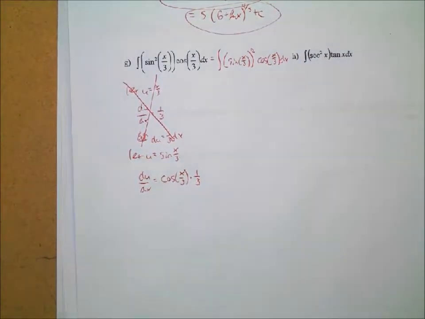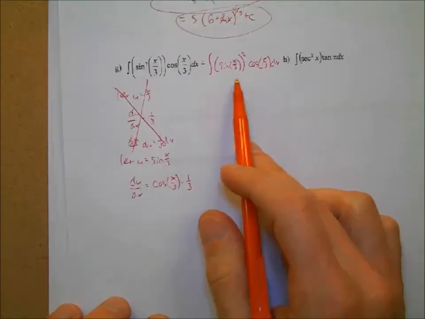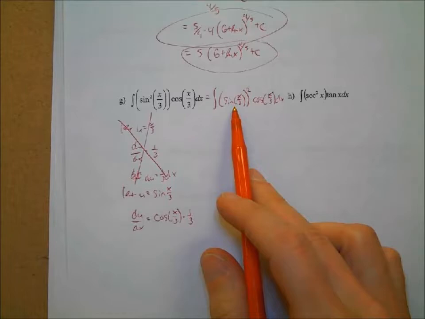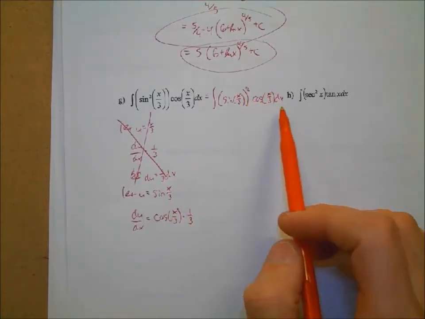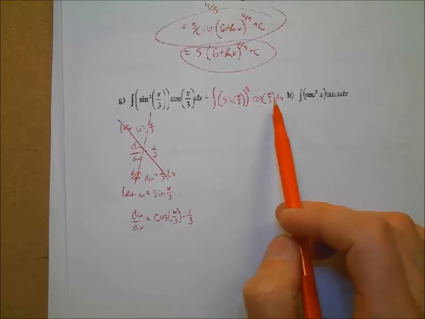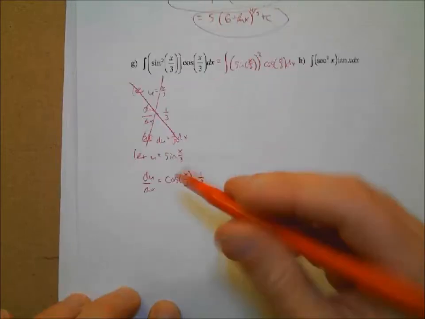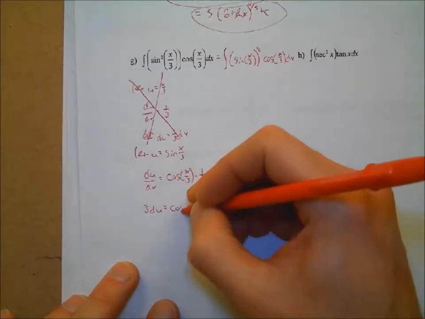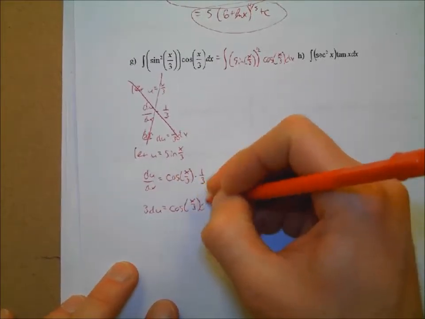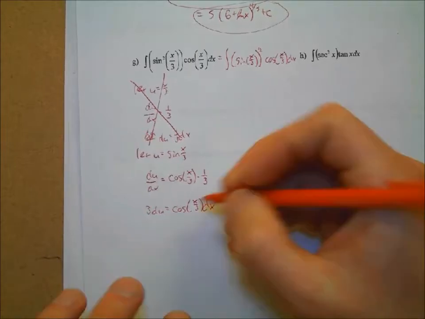Looking back at our integrand, do we have cosine of x over 3 times 1/3? Close. We have cosine of x over 3. So let's multiply the 3 over here. We'll have 3 du equals cosine of x over 3 dx. There's what we were looking for.